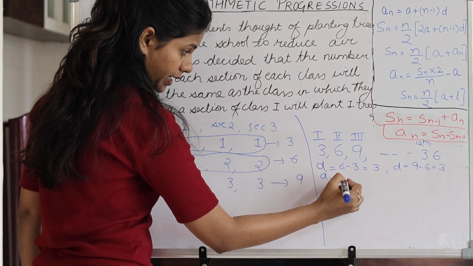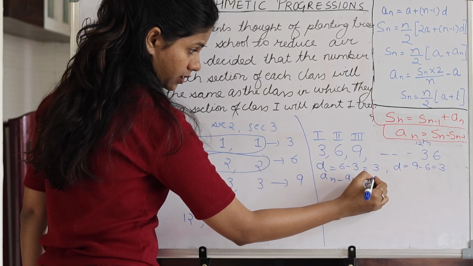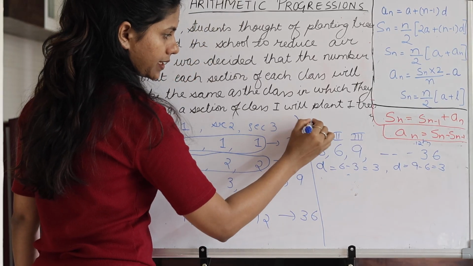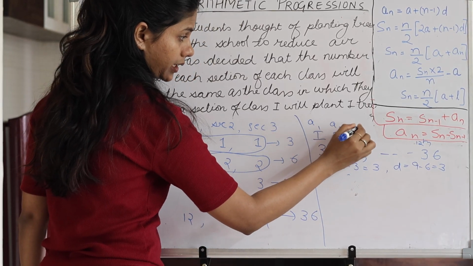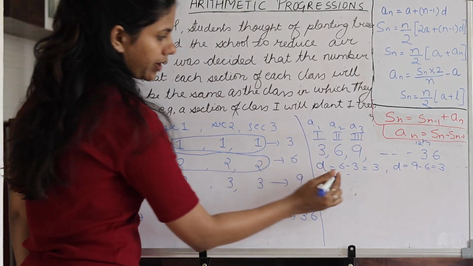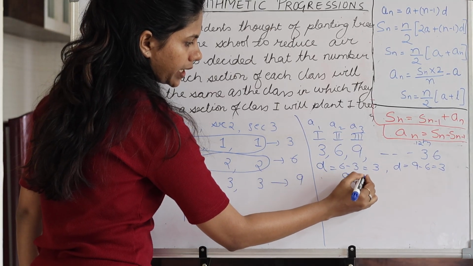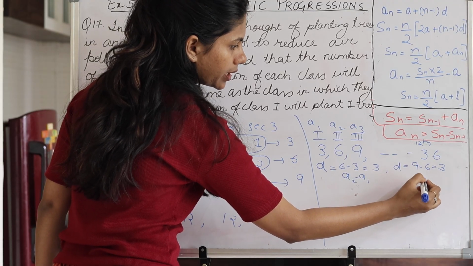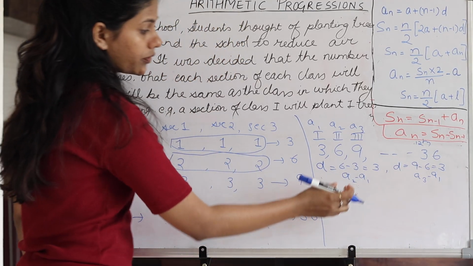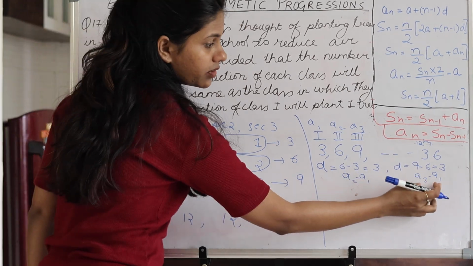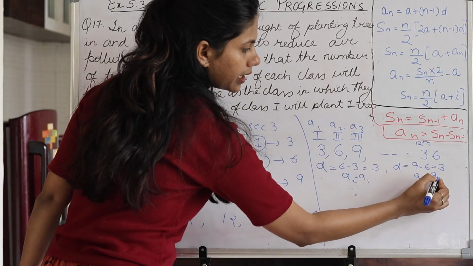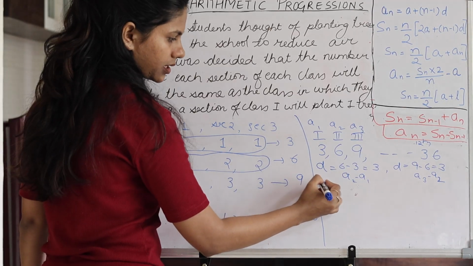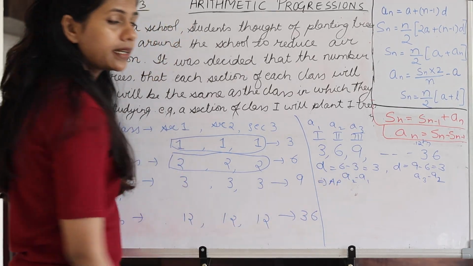We can call the terms a1, a2, a3. Here we find a2 minus a1, and here a3 minus a2, and they are equal. So it is forming an AP.